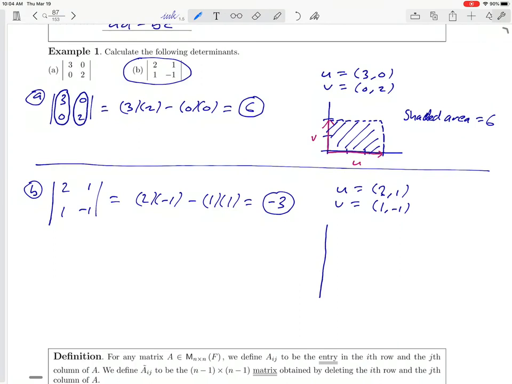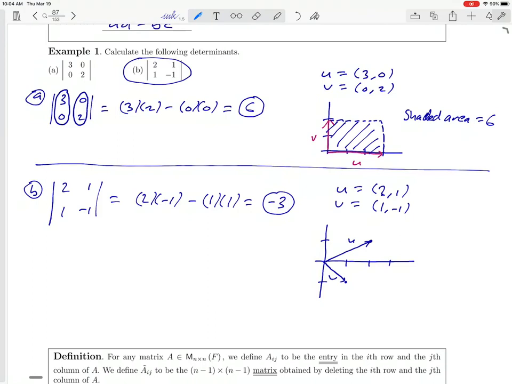Okay, and if we draw another picture, our vector 2, 1, well, let's just plot it. Make ourselves a little scale here. Okay, so 2, 1 would be the vector that's kind of up here. Okay, so there's U.